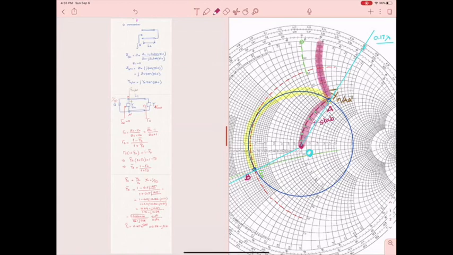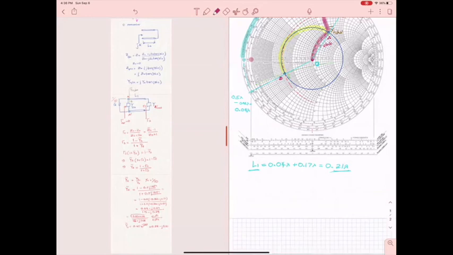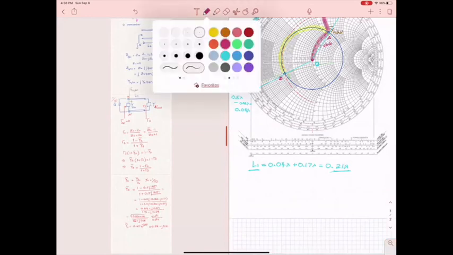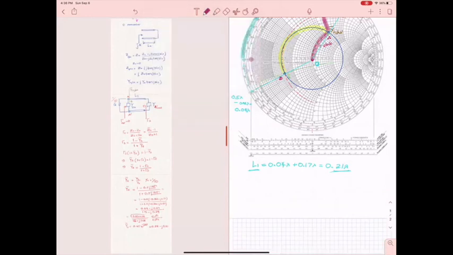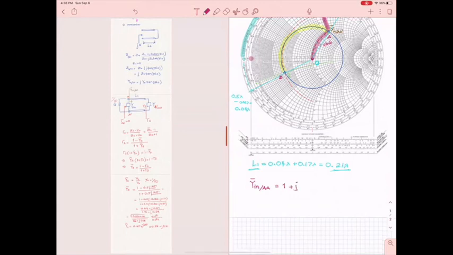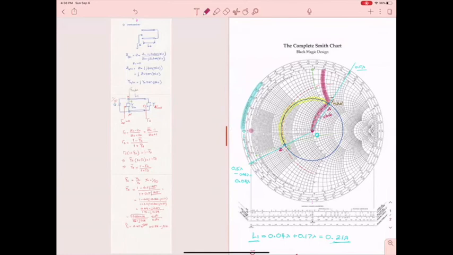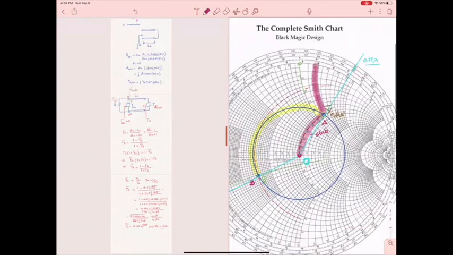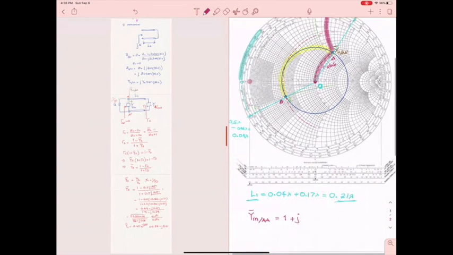Because Y in AA prime has a reactance of 1.2. So let me write it here to see what I'm saying. At Y in AA prime, before we add the stub, this is equal to 1 plus j, whatever the reactance is of this, which is 1.2. So plus j 1.2.